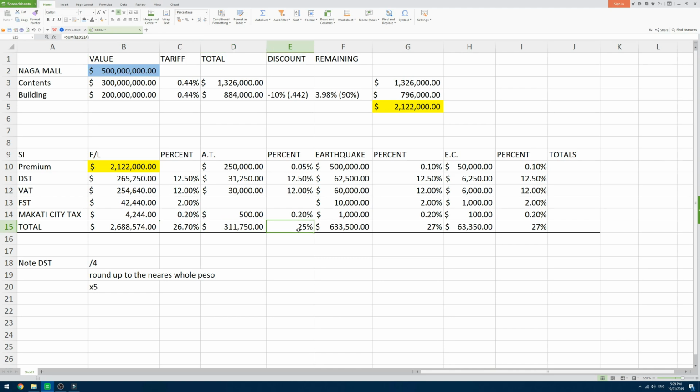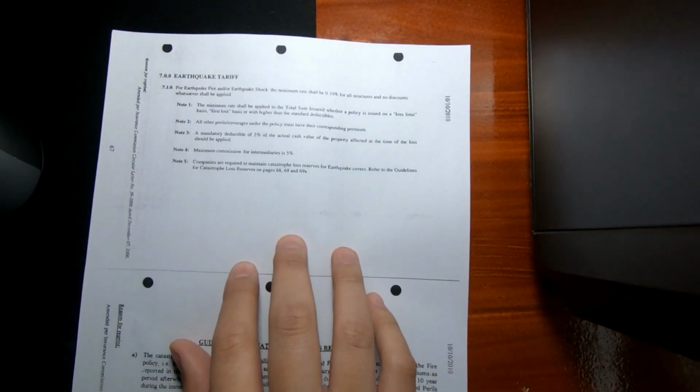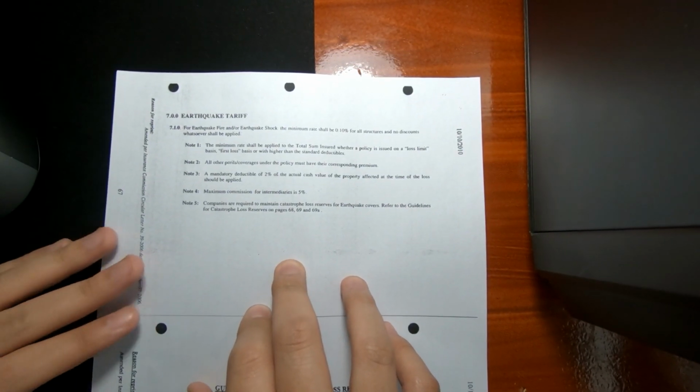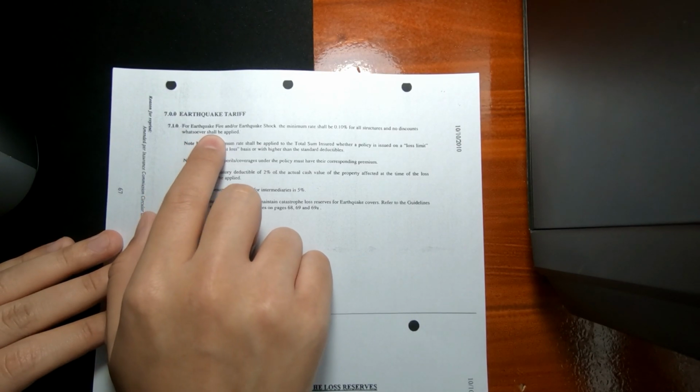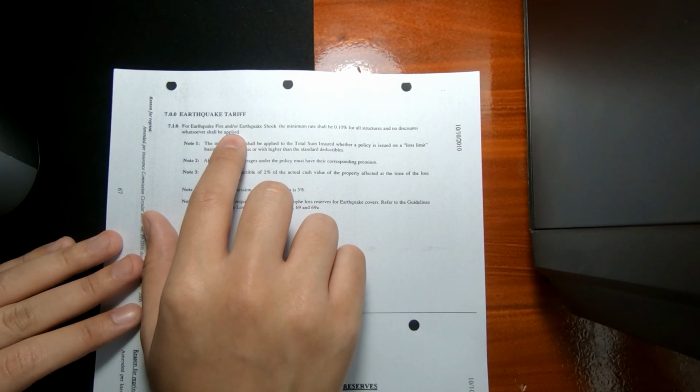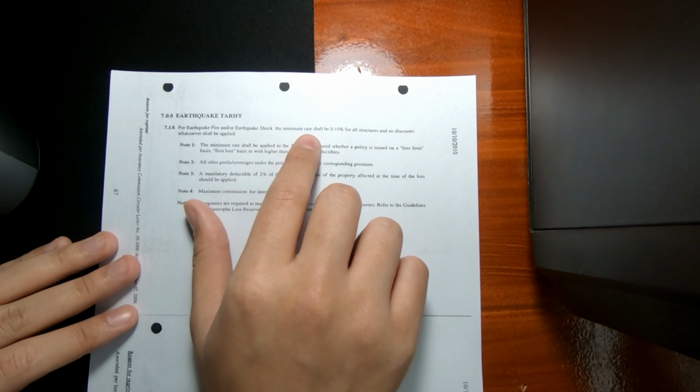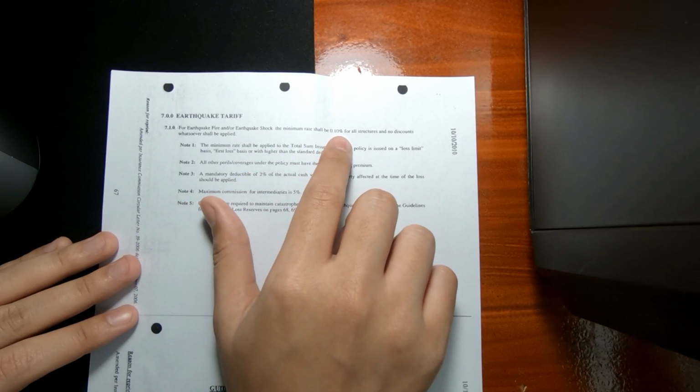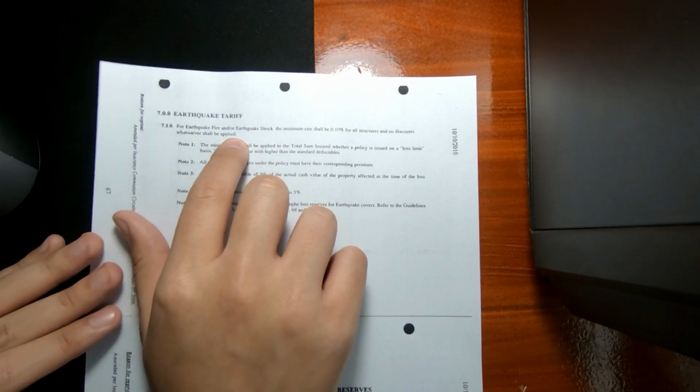Okay, so the insurer says, you're fine with that. The client says no, I think I also want earthquake insurance, to be very sure. So, okay, we look again at the computation. Again to the PIRA, which is so important, this is the earthquake tariff. It says, for earthquake and fire and or earthquake shock, the minimum rate shall be 0.10% for all structures and no discounts whatsoever applied.